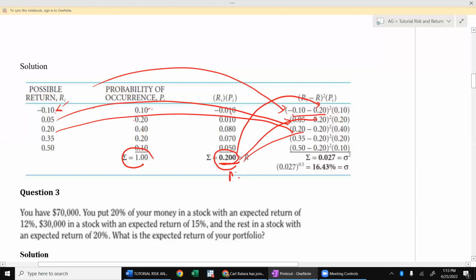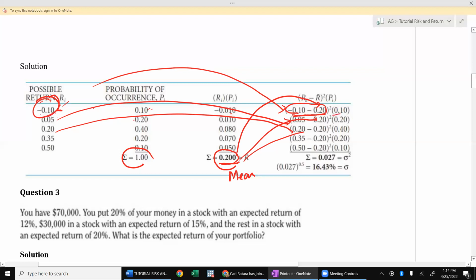So this is the mean and this is the deviation. Possible return minus mean is called the deviation from the mean, but since we have taken the square, it will become the squared deviation from the mean. And then since it's at 10%, we multiply by 10%.